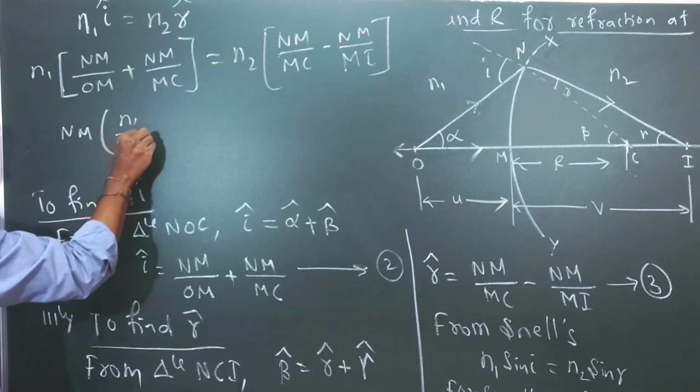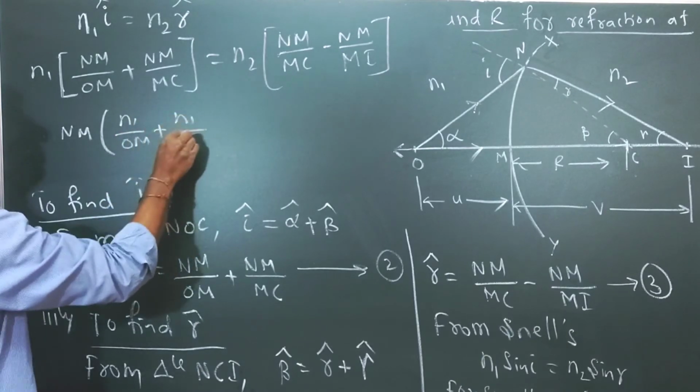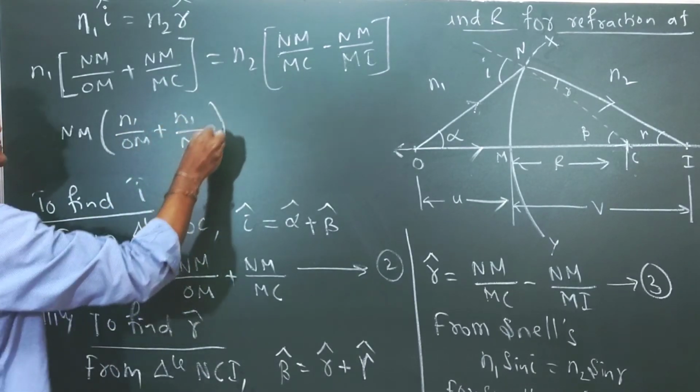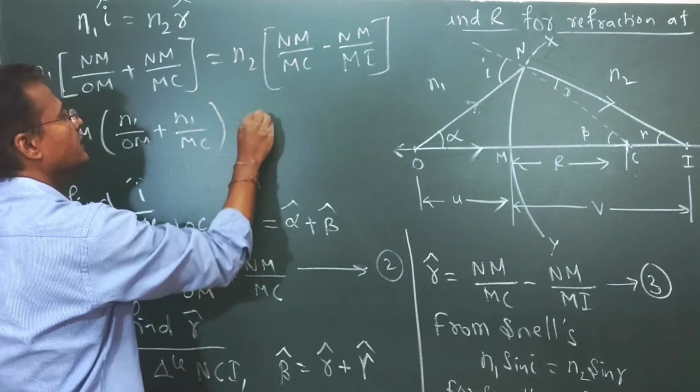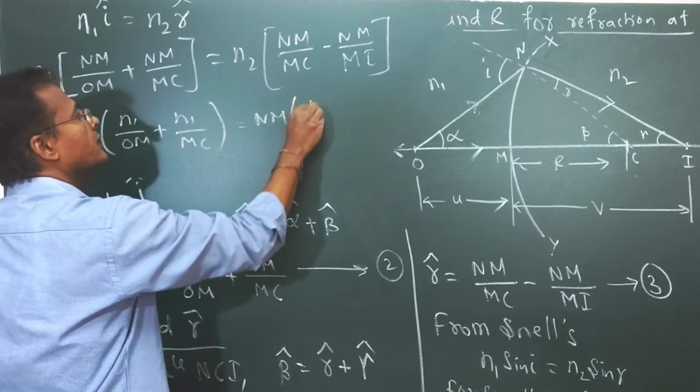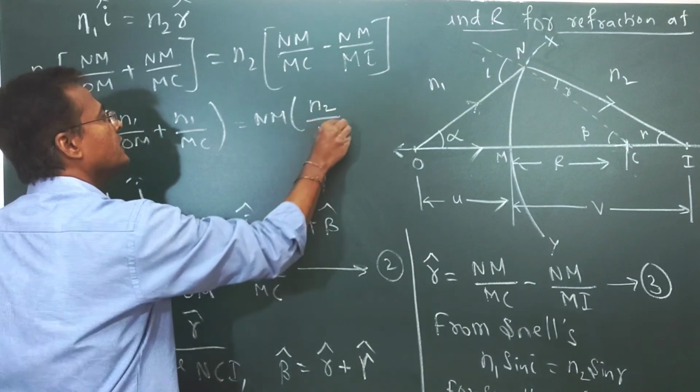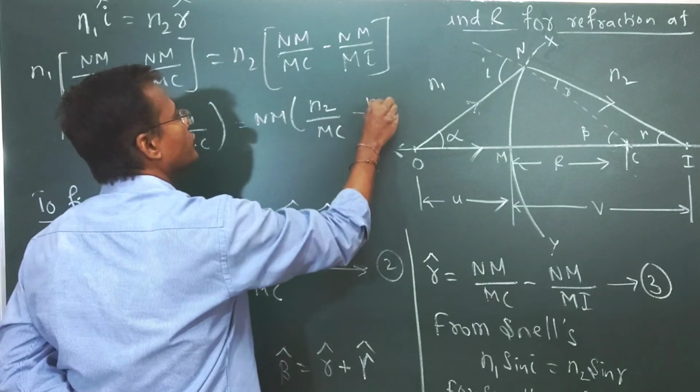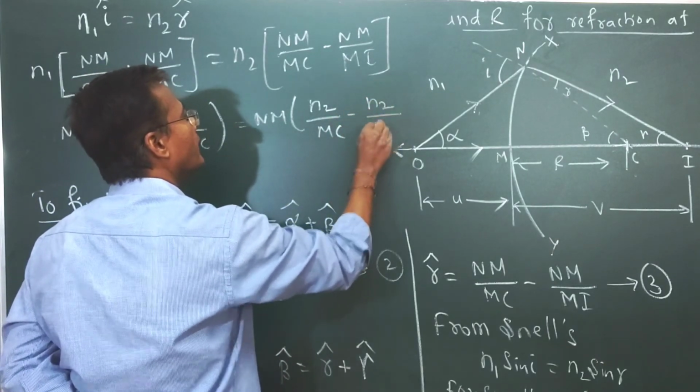N1 by OM plus N1 by MC equals, again taking NM outside, N2 by MC minus N2 by MI.